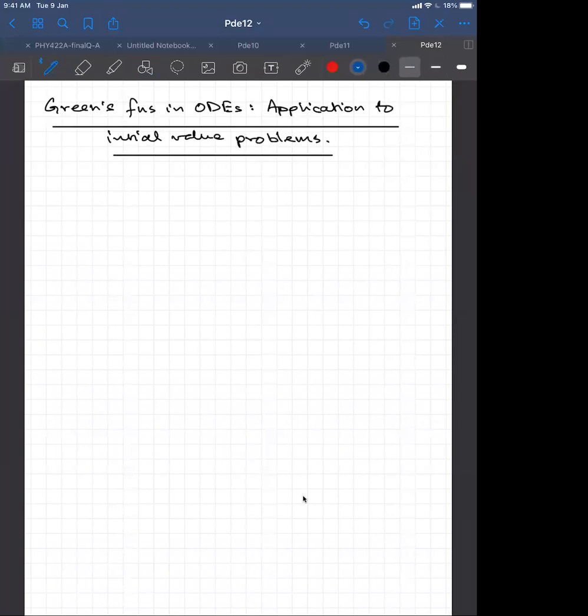Green's functions can be used to solve initial value problems.